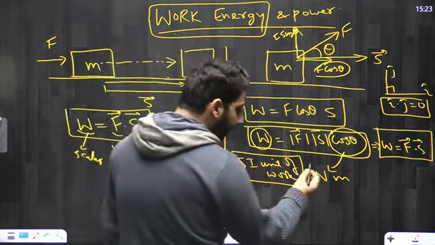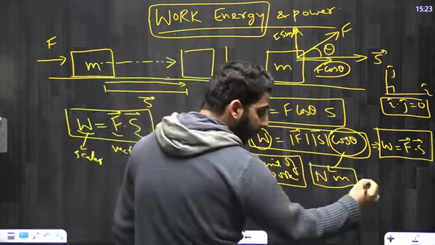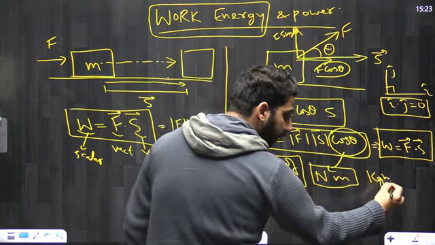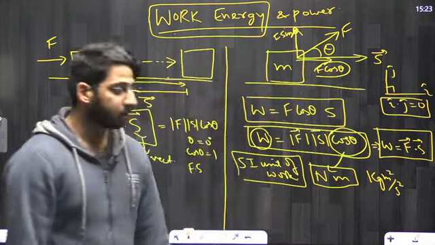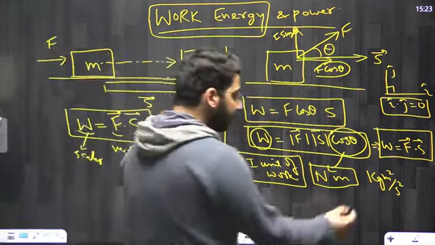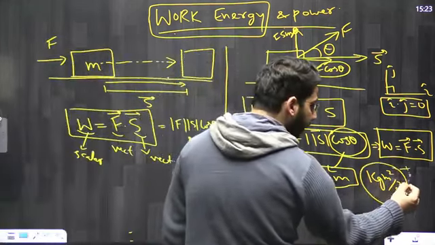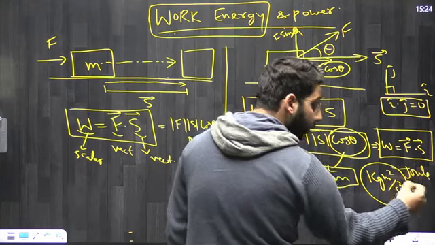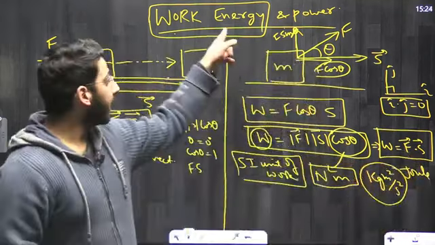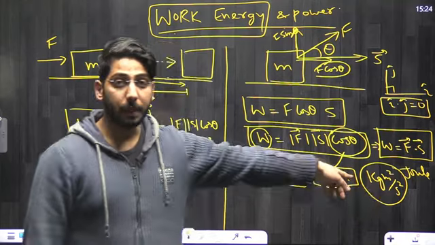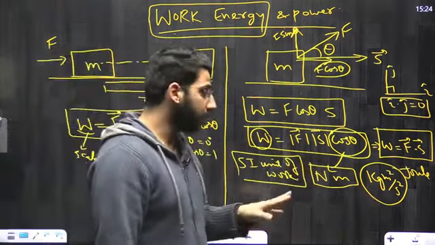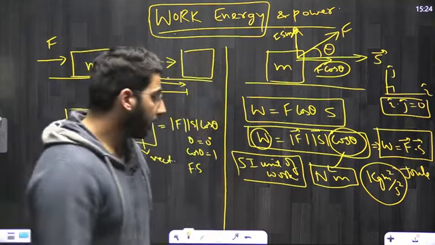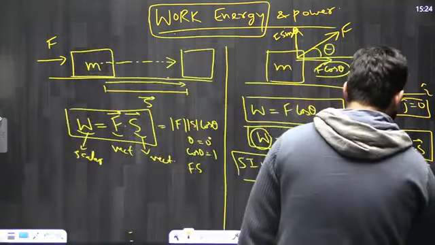Newton you can write as kg meter per second square, and then meter again, so it is kg meter square per second square, and this has been given a special name, that is joule. And you already know that the SI unit for energy is also joule. That's why in the beginning I told you that work and energy are actually two sides of the same coin. So this is the SI unit, that is joule.